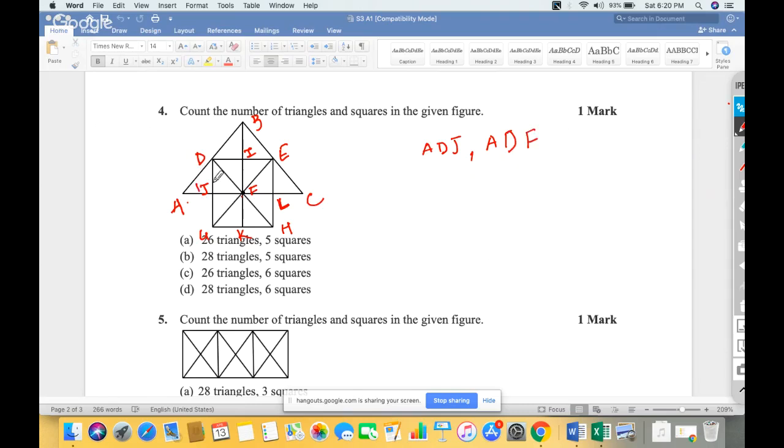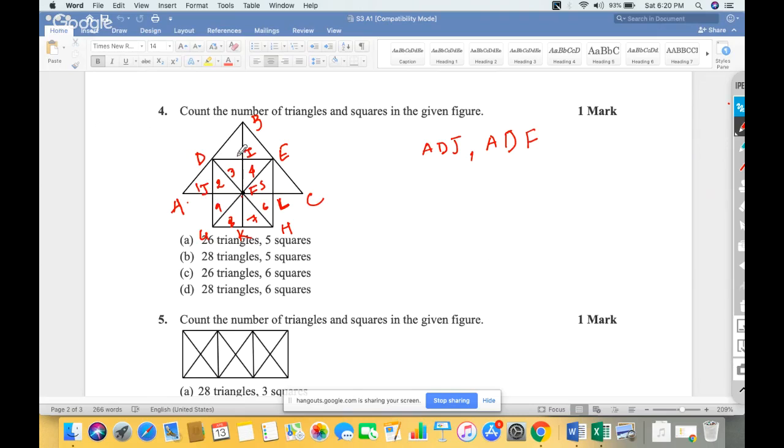Similarly, one triangle here. First calculate the smaller triangles. So 1, 2, 3, 4, 5, 6, 7, 8, 9. What you will do is write the names of the smaller triangles, so you will have a better idea.